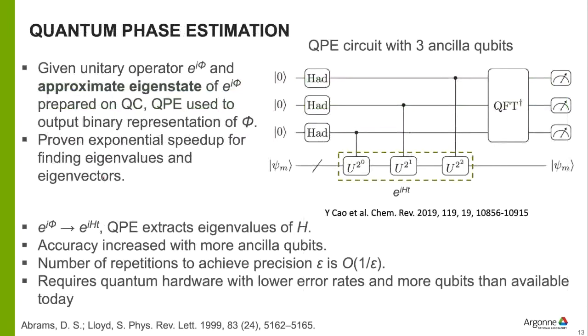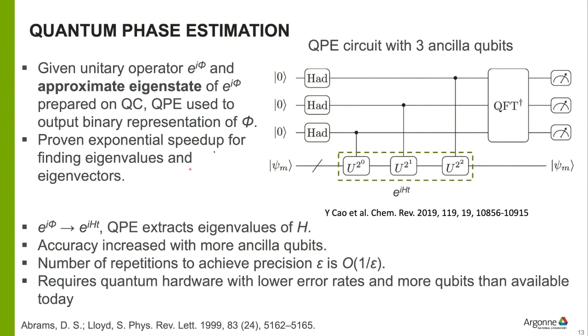And so one of the algorithms that can find the eigenvalues of the unitary operators on quantum computers is the quantum phase estimation, which was introduced around 20 years ago. It's proven to provide exponential speedup for finding eigenvalues of the unitary operators.